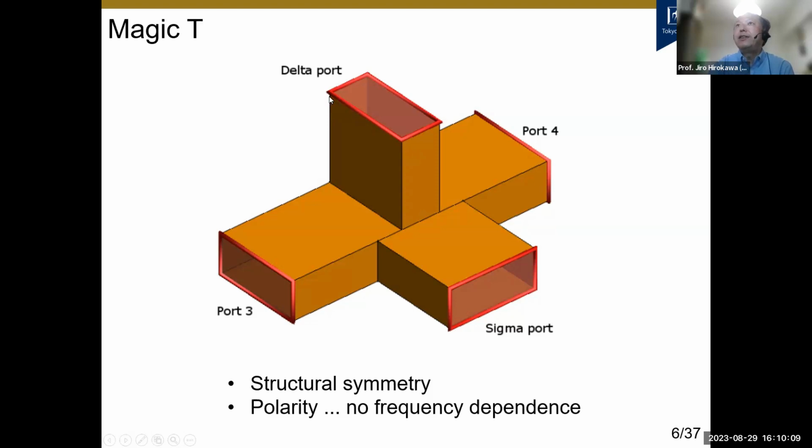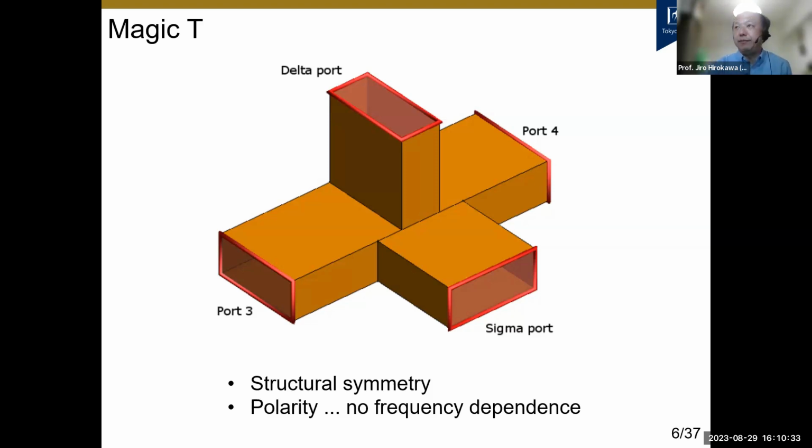The magic T has a symmetrical structure, so regarding polarity, considering this structural symmetry, we have no frequency dependence.